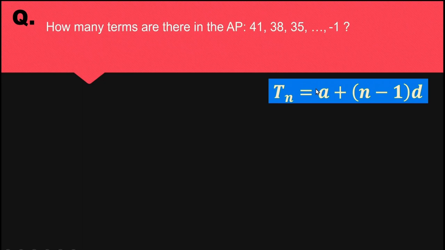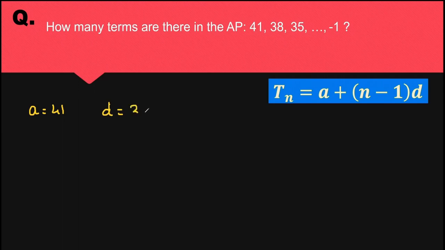The next question says, how many terms are there in the AP 41, 38, 35 up to negative 1? So we have to find the number of terms in the given AP, where we are given the first term, that is a equals 41. We can always find the difference when the AP is given.